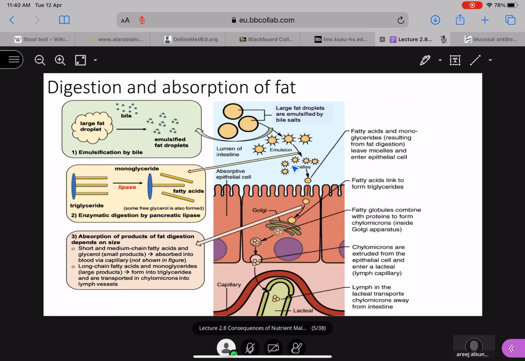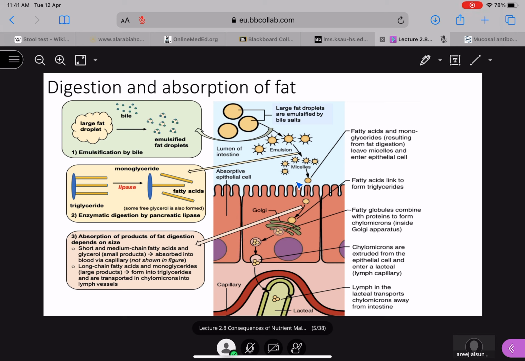So all the fat content, cholesterol, free fatty acid, monoglyceride, and fat soluble vitamins will cluster in the center and be surrounded by the bile acid. This structure is called a micelle. So micelle formation is the second step in lipid digestion, and it is very important to enable this hydrophobic molecule to attach to the epithelium.